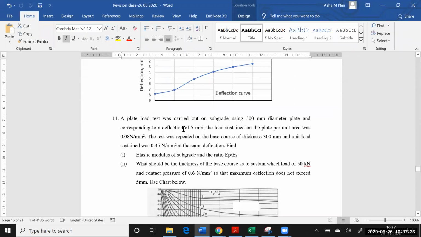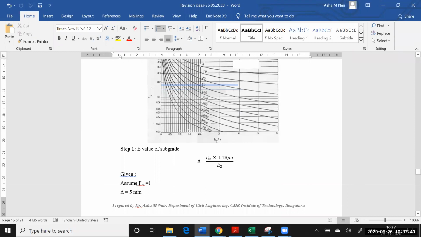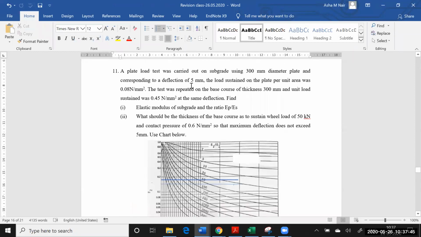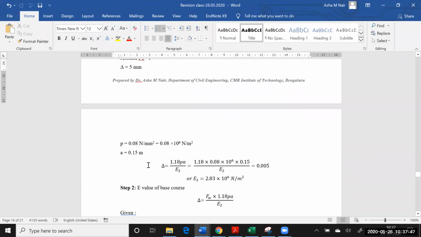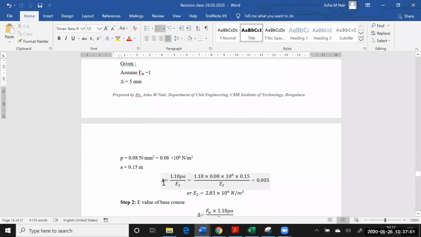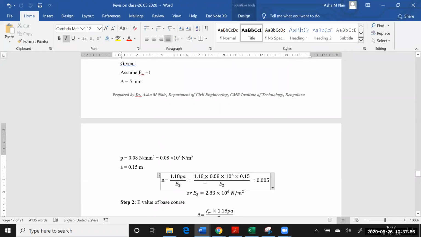I am just tabulating the data. Deflection is 5 mm, plate is 300 mm diameter, so Fw is equal to 1, delta is equal to 5 mm, and P is equal to 0.08 into 10 to the power of 6. A is equal to 0.15. By substituting all these, you get delta equal to 1.18 into P into A divided by E2.